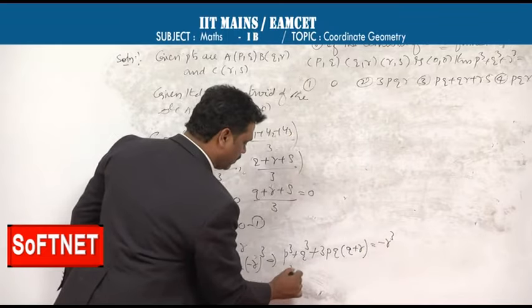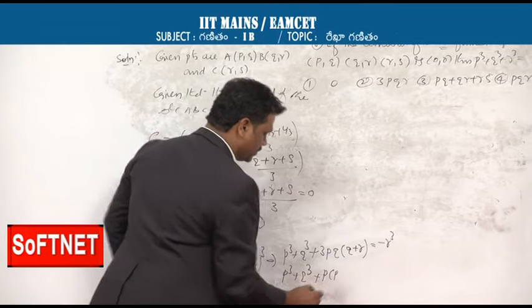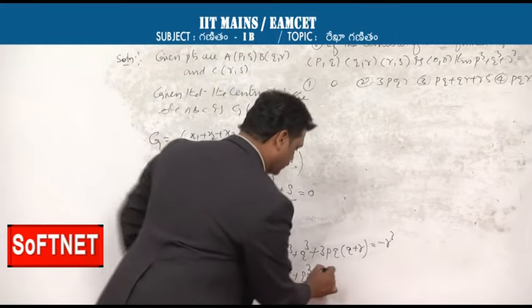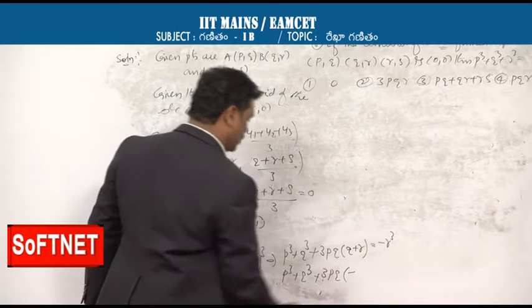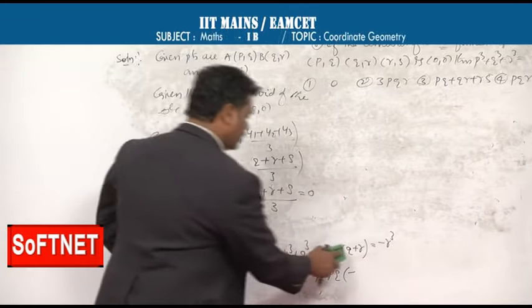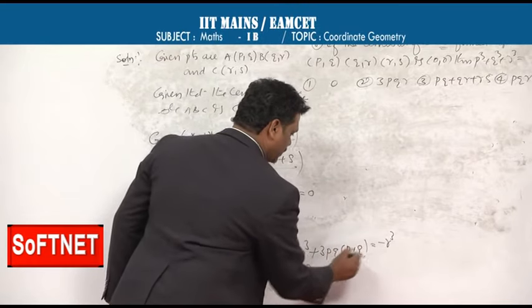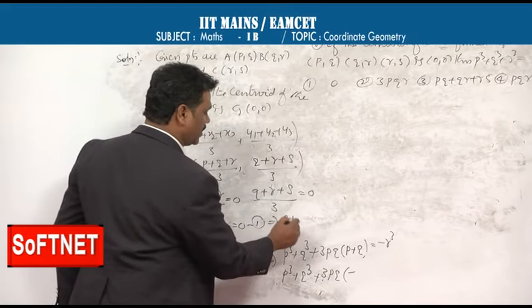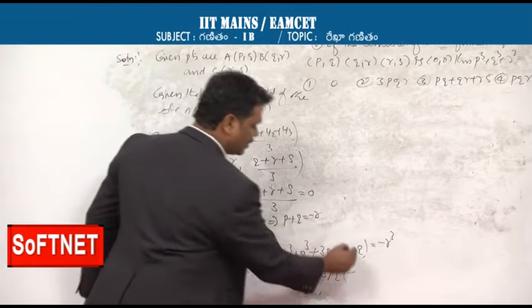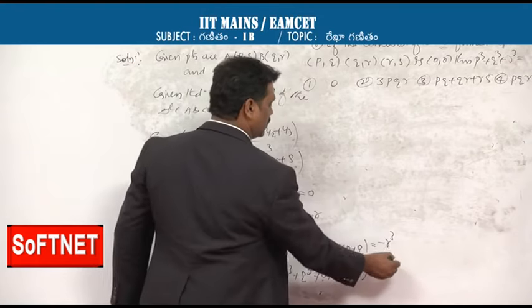So here P cube plus Q cube plus 3PQ into P plus Q equal to minus R cube. From 1, P plus Q equal to minus R. So substituting minus R, we get minus R cube.